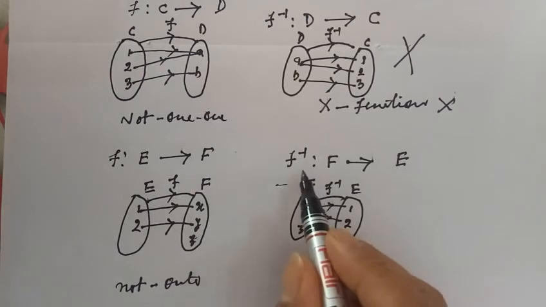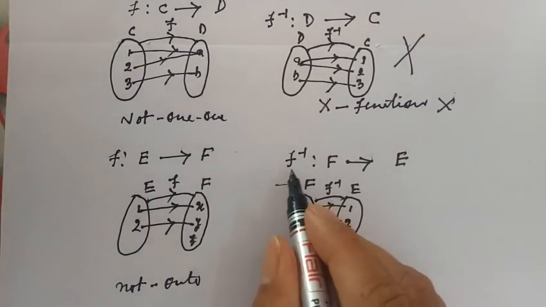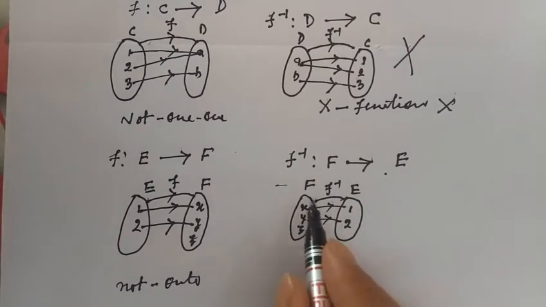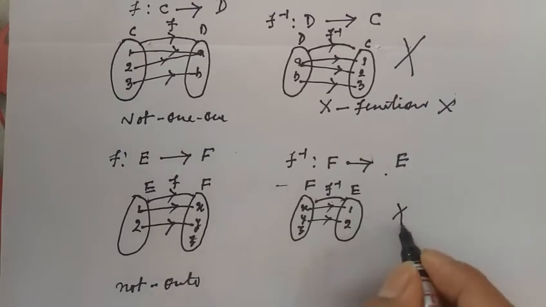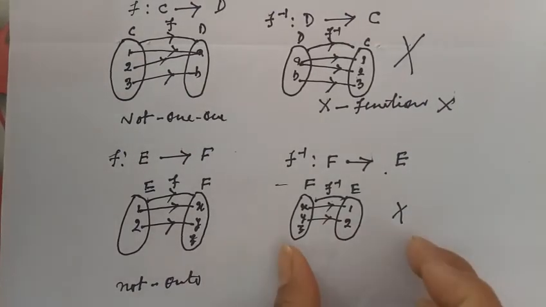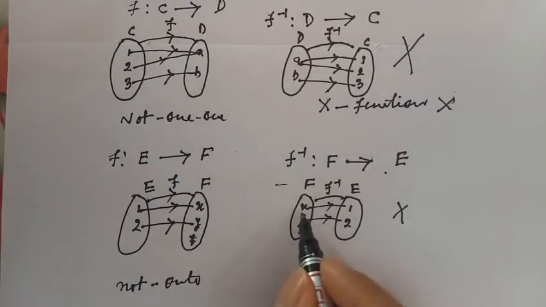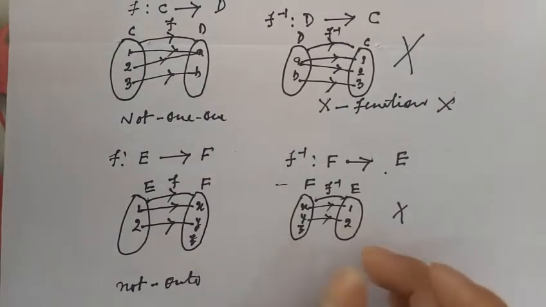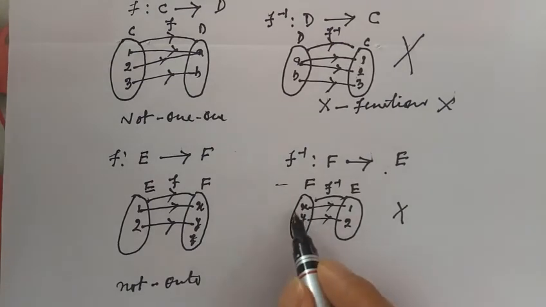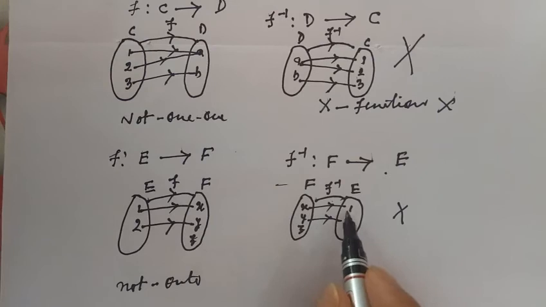You see here, I draw the inverse function, but if we map this, the inverse is not possible. For a function, every element of this set must be related to the next set, but here z is left. Not every element is related: x is related, y is related, z is not related.